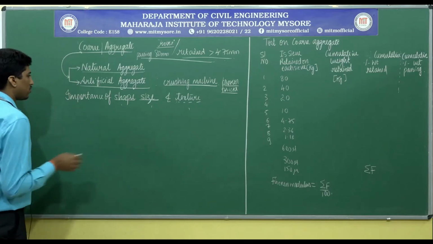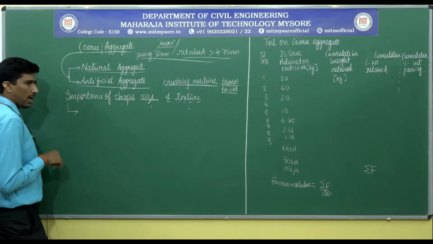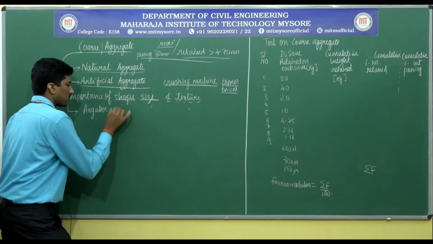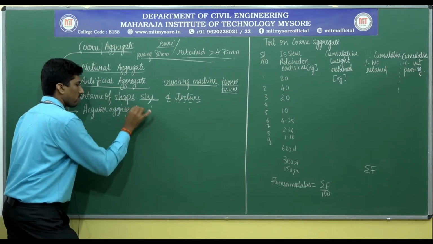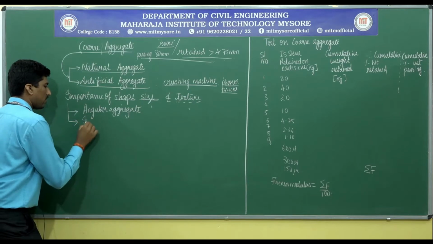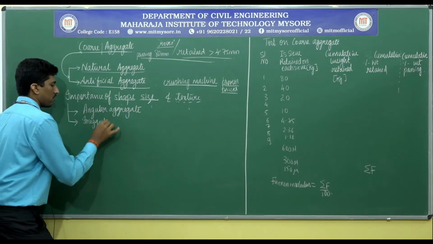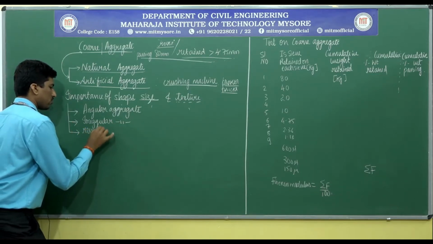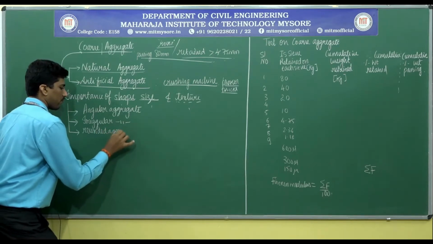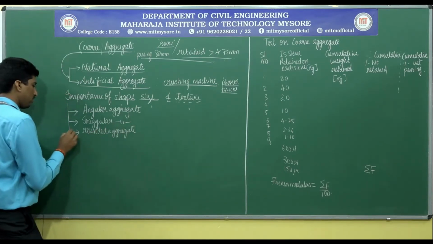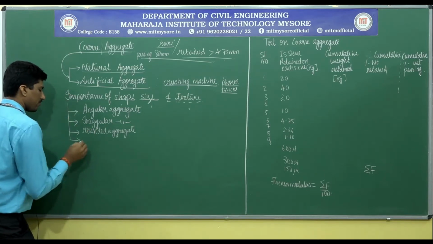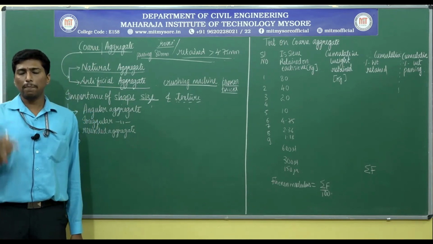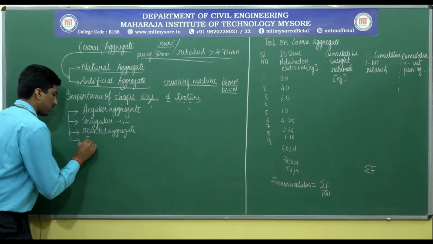Let us get to know according to the shape as well as the sizes. We have different categories. We have angular aggregate, irregular aggregate, and finally a rounded aggregate. Aggregates which are longer in nature and have a lesser thickness, we call flaky aggregates.